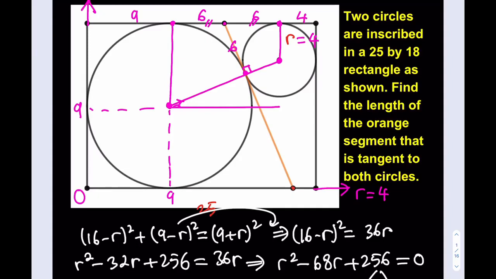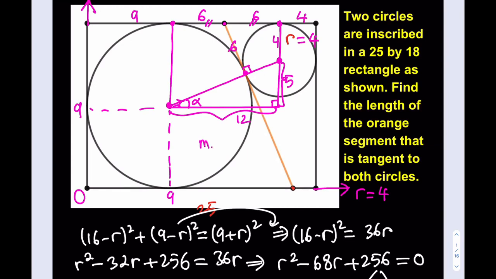And slope is going to come from the fact that it's rise over run, right? So tangent alpha here basically is going to give us the slope. What is tangent alpha? Well, we know that this whole thing is 9 and this is 4, so this must be 5. And then this piece is going to be 6 plus 6, which is 12. So tangent alpha is 5 over 12.